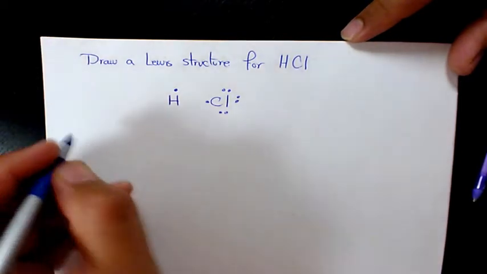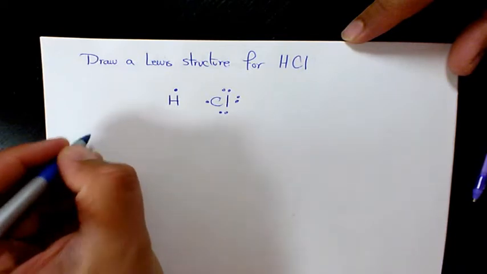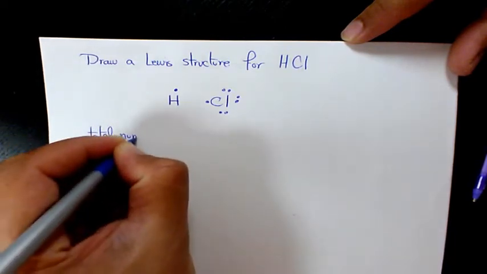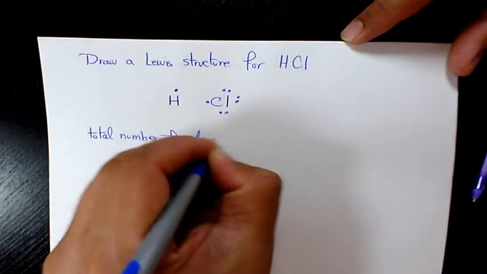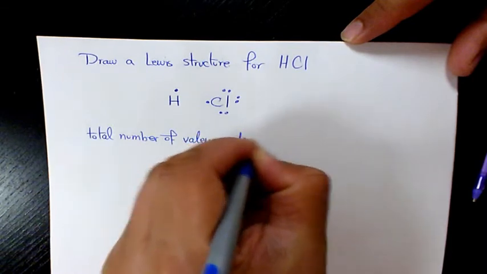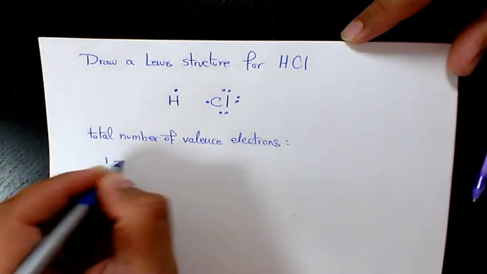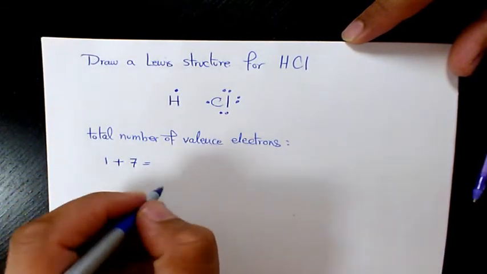So what we need to do then, step 2, we're going to count all the valence electrons. Total number of valence electrons is going to be 1 for hydrogen and 7 for chlorine.